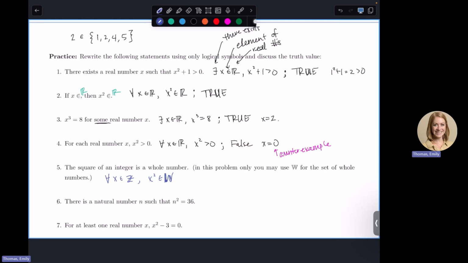Whole numbers are non-negative integers: 0, 1, 2, 3, 4, 5. Yes.